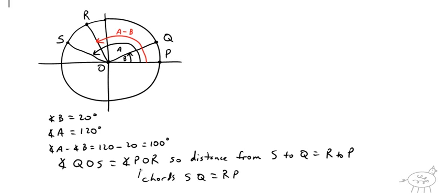Keep that in mind. I don't want to draw it and mess up the picture, but chords SQ and RP are equal because those angles are equal on that unit circle.